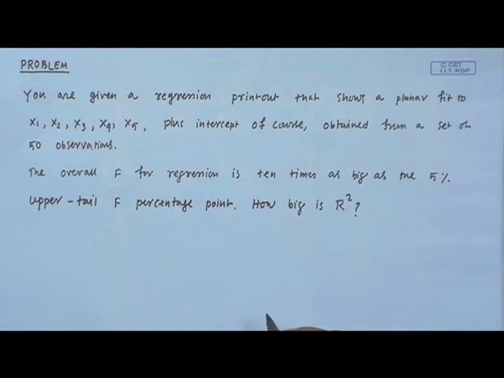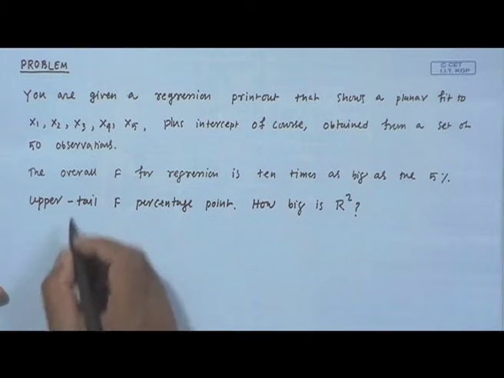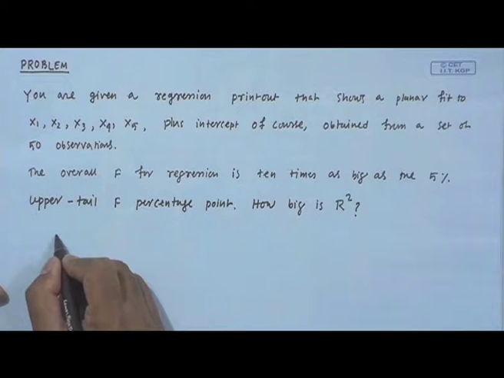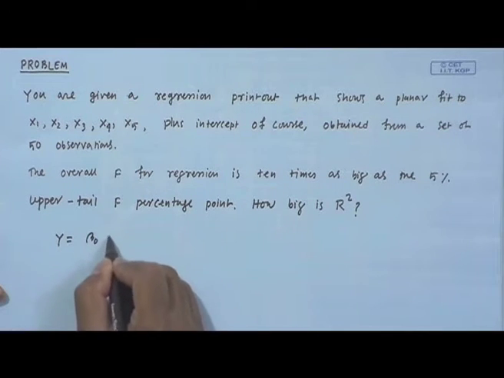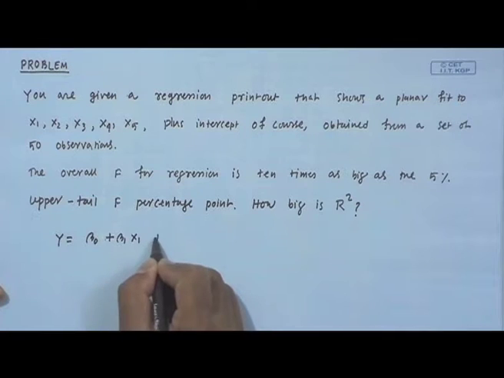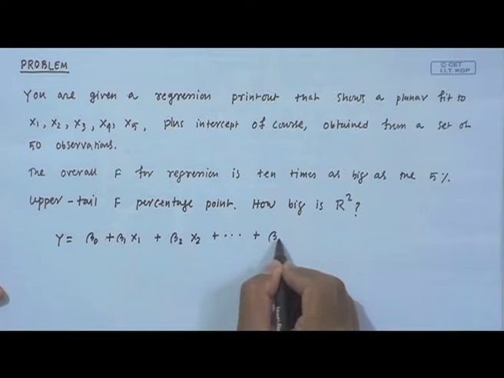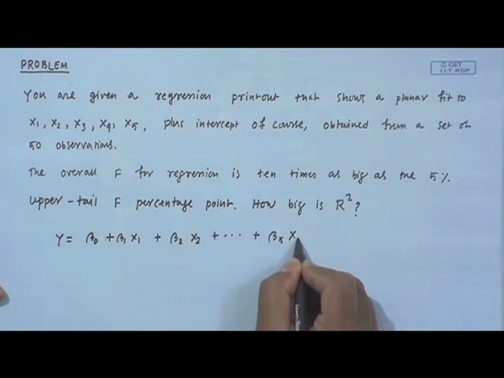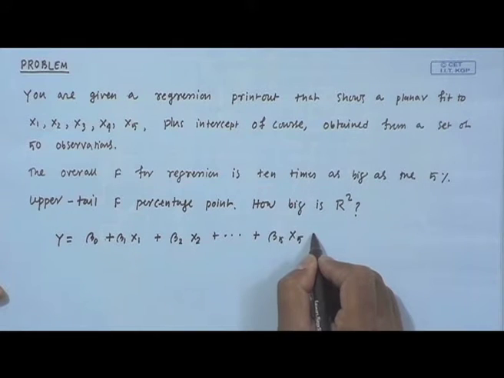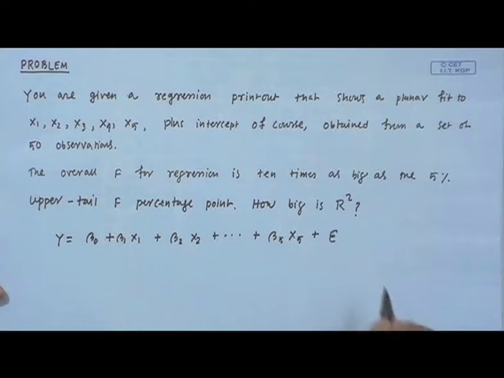Well, here you are considering a model involving 5 regressors. So, y equal to beta naught plus beta 1 x 1 plus beta 2 x 2 plus up to beta 5 x 5 plus epsilon. And this model is fitted on 50 observations.